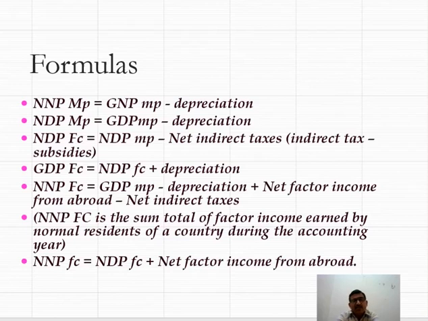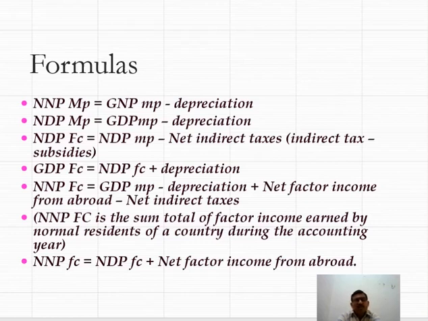N for net, G for gross. The remaining words are common. Gross and net are differentiated through depreciation. So to make the net national product at market price from the gross national product at market price, you must deduct depreciation from the gross national product at market price.